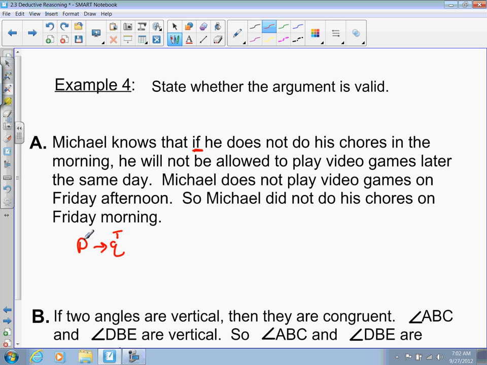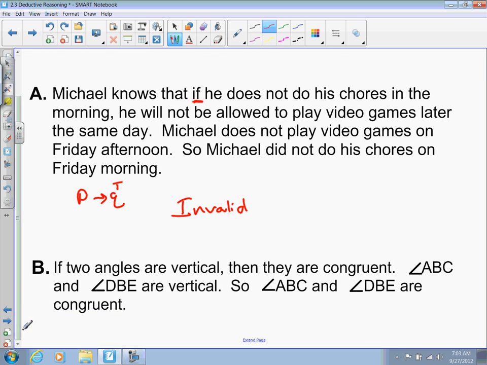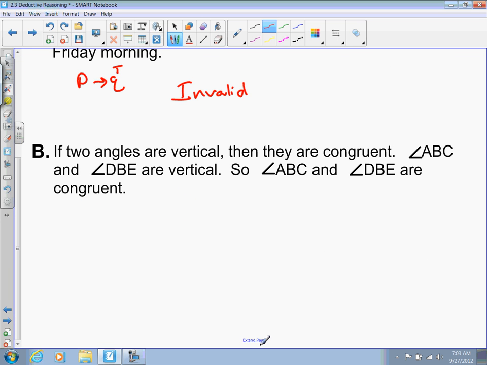Can we conclude that way? Well, is this a biconditional statement? It's not a biconditional statement, so this is invalid. We want more evidence. He might have just not wanted to play on that Friday afternoon. He might have had something else going on, right? Doesn't mean he didn't do his chores.